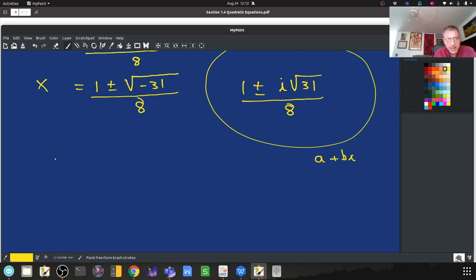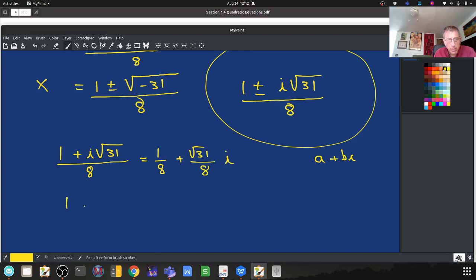So that means it's 1 plus i times the square root of 31. 31 is prime, so there's no simplification to that radical, over 8, which is equal to 1/8 plus the square root of 31 over 8 times i.